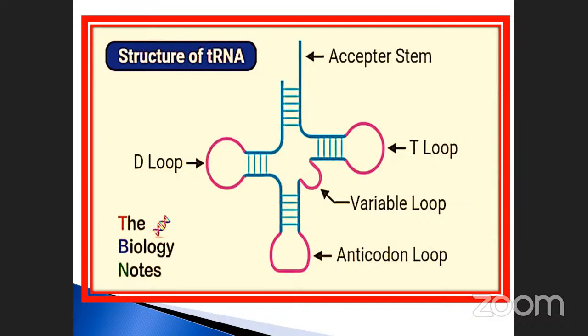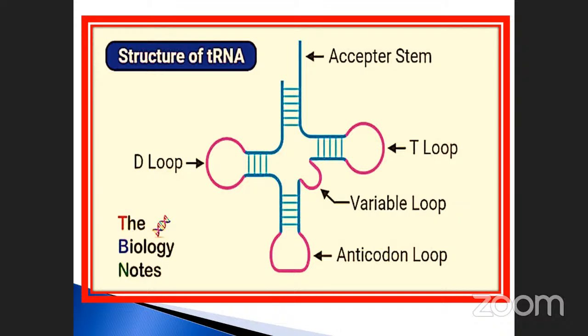Clover. See the 1, 2, 3. In this part, the first of the 5 arms is called the acceptor arm. The other one is called the T loop, otherwise called the T arm. In between the T loop and the anticodon loop, there is a small protruding structure called the variable loop. This is the anticodon loop. This one is called the D loop, otherwise called the dihydroxyuridine loop.